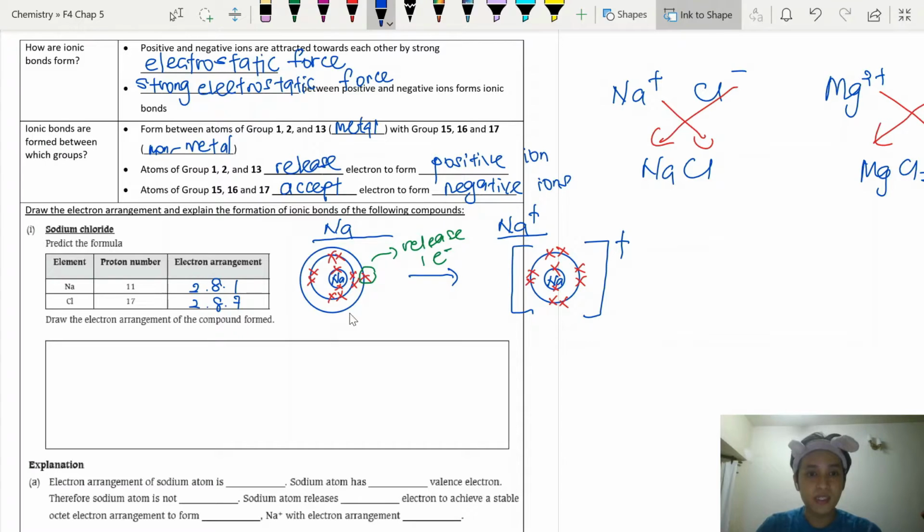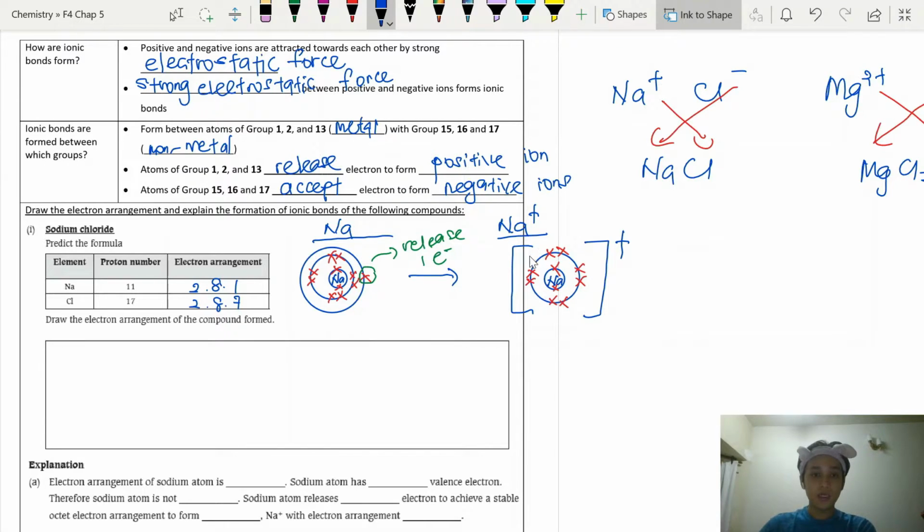If I accept 7 electrons, it's going to be more work, whereas releasing 1 electron is less work. That's why it is always easier for the metals, group 1, group 2, and group 13, to release the electron. Once they release the electron, the third shell is empty, so the second shell will become the outermost shell, already achieving maximum 8 electrons, a stable electron arrangement.